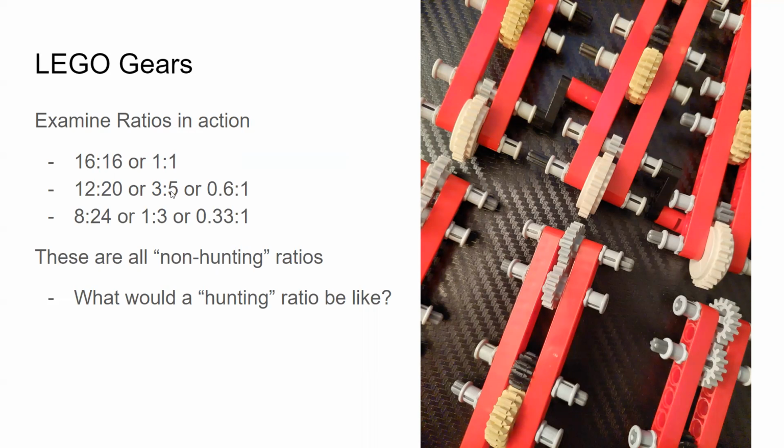It would actually take 5 turns of the black gear to equal 3 turns of the tan gear. That's if we're going for whole numbers. If we're just looking for one turn of the black gear, it resulted in 6/10 of a turn of the tan gear. So hopefully you're following along that one turn on the small black gear was less than a turn on the tan gear.